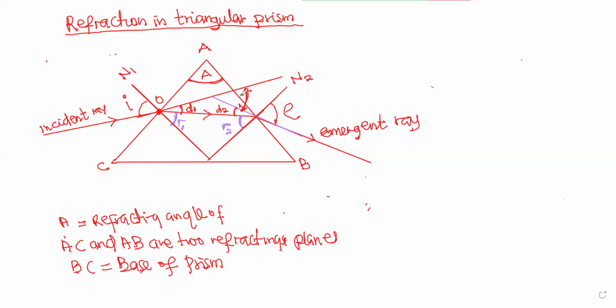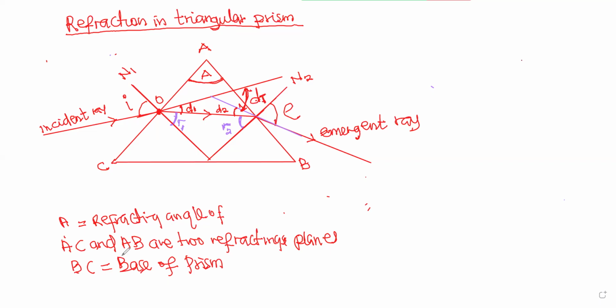So this angle between the incident ray and the emergent ray is the total deviation, D subscript T. Total deviation.